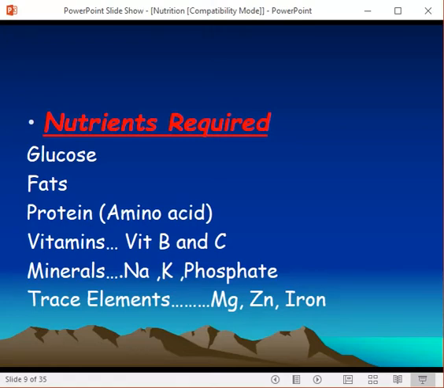The nutrients required are glucose, fats, proteins, amino acids, vitamins B and C, minerals, sodium, potassium, phosphate, and the trace elements magnesium, zinc, iron. These are the nutrients which are important and essential.